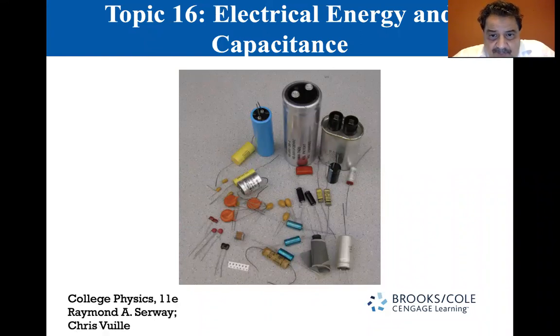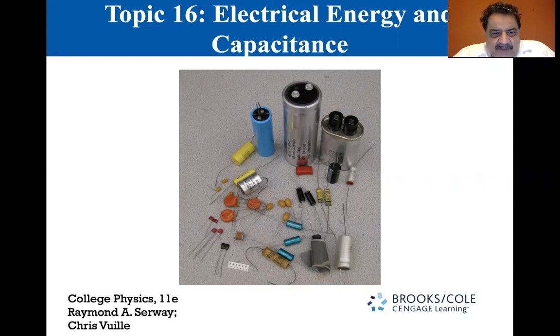There's all sorts of types of capacitors, and it looks like the one at the bottom is a capacitor that they've actually taken apart. You can see this winding, this kind of foil that is wrapped around a piece of paper. The piece of paper is acting as a dielectric, and we'll learn about dielectrics later.